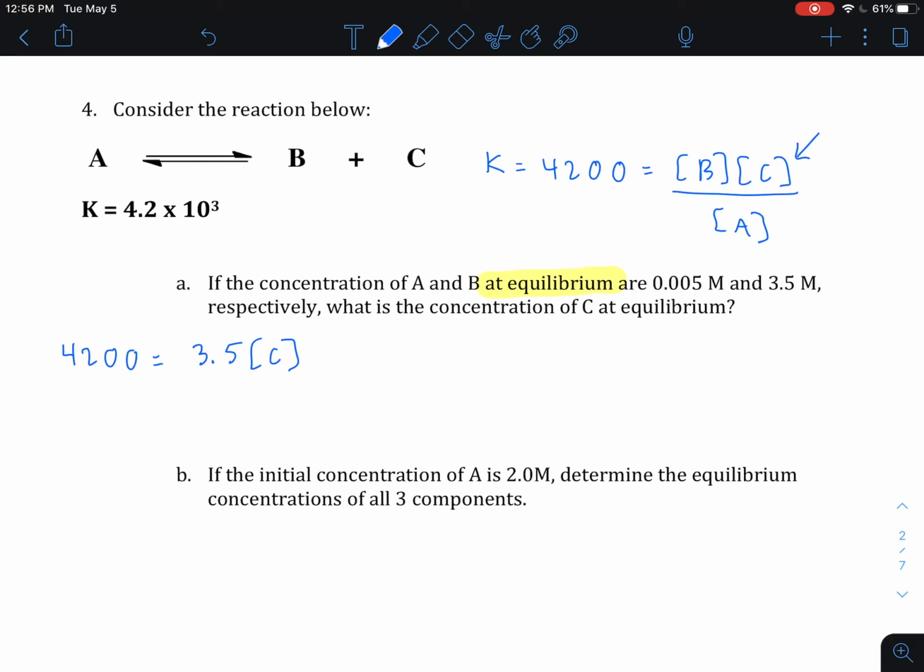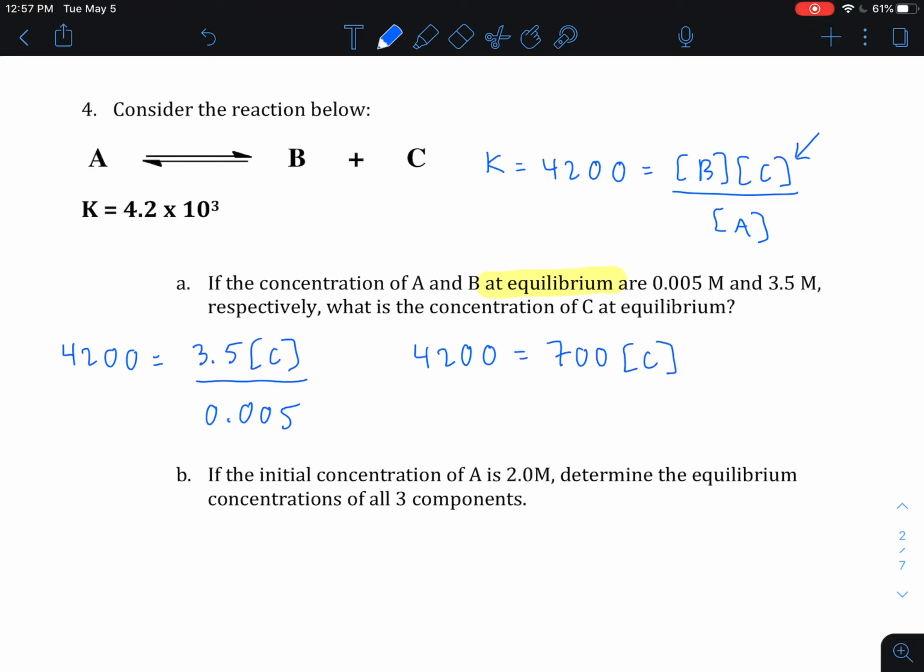So this becomes 4,200 equals 3.5 times the concentration of C divided by 0.005, which is the concentration of A. So let's do that division.